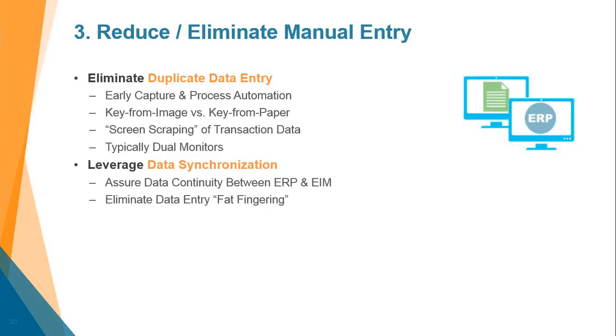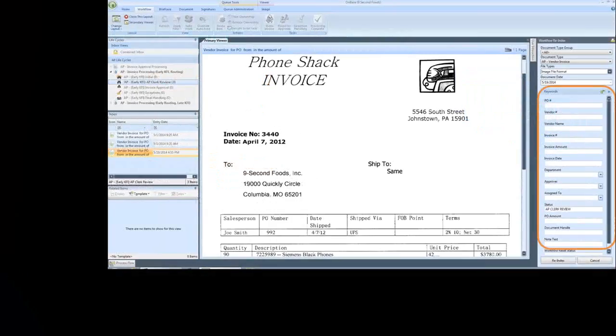So to focus on something that Matt mentioned earlier, application enabler for retrieval, application enabler can also be used to reduce keying on the front end. So if we're not talking about OCR, and now we have a transaction, this is an OnBase screen where we have a copy of that invoice, it's in the final review queue, it's already been approved by that line manager if this was a non-PO, in this case it is a PO transaction, and you've confirmed, imagine dual monitors where everything is matching up, but all the keywords, that orange box on the right, all those data elements, those lookup index values are still blank.